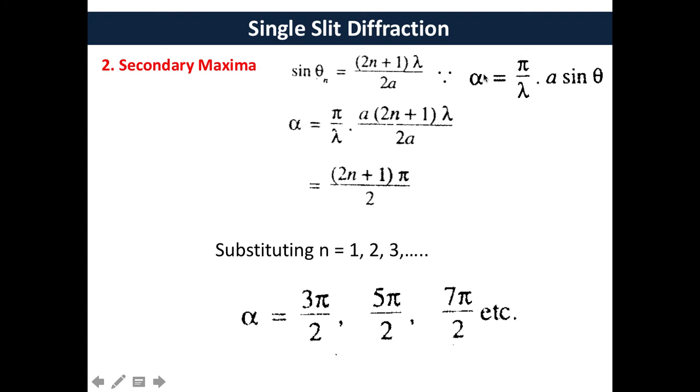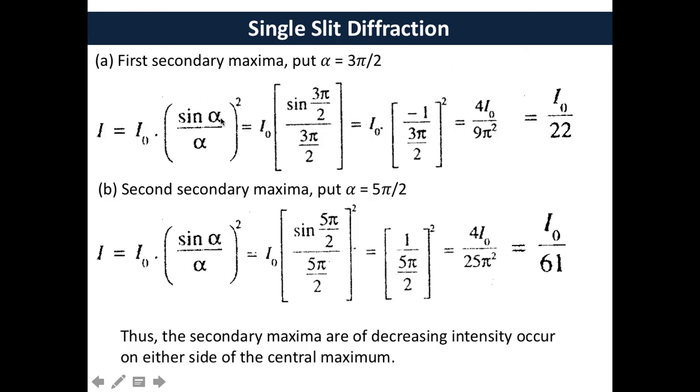So just put this sine theta value in this equation. So alpha is equal to pi upon lambda a (2n plus 1) lambda upon 2a. This a will cancel and alpha is (2n plus 1) upon 2 into pi. So if you put n equal to 1, this is 3 pi by 2, 5 pi by 2, 7 pi by 2. This is the condition for the secondary maxima.